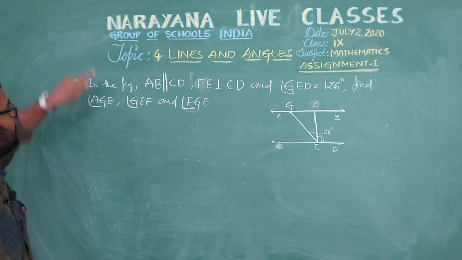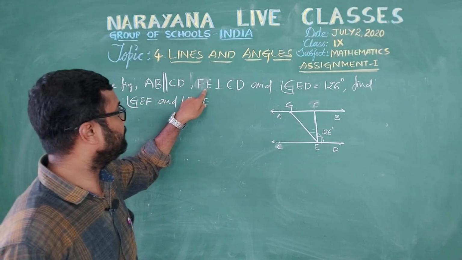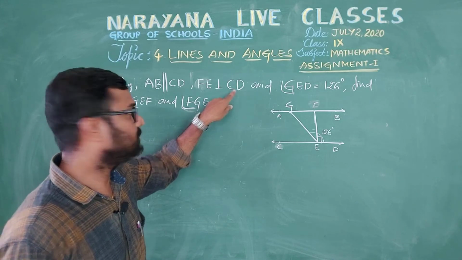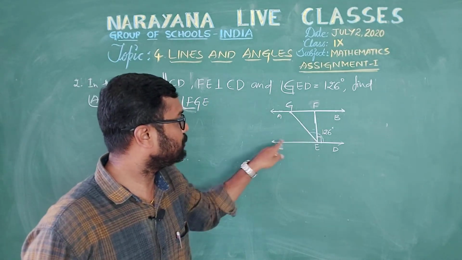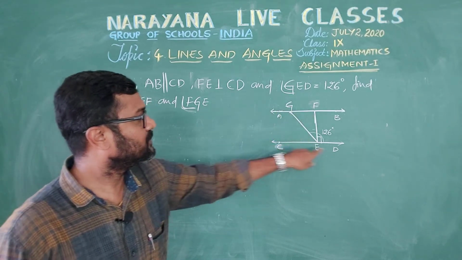In this question, in the figure, he has given that AB is parallel to CD and FE is perpendicular to CD. That is, these two lines are parallel, and FE is perpendicular to CD.